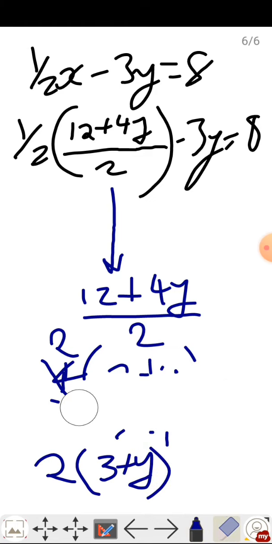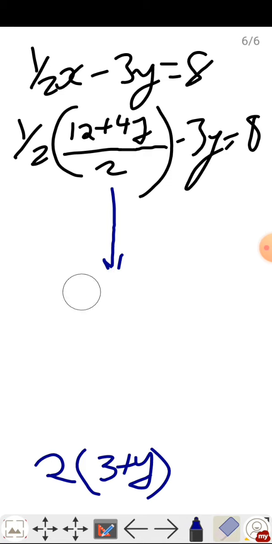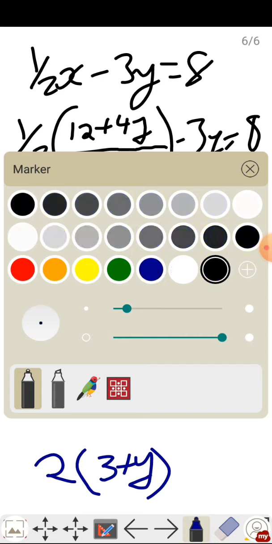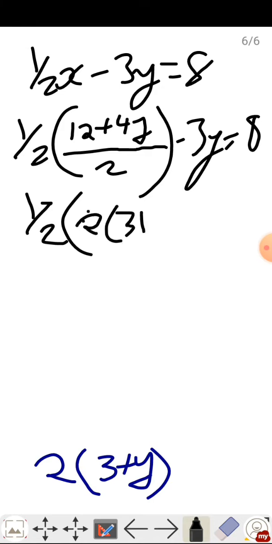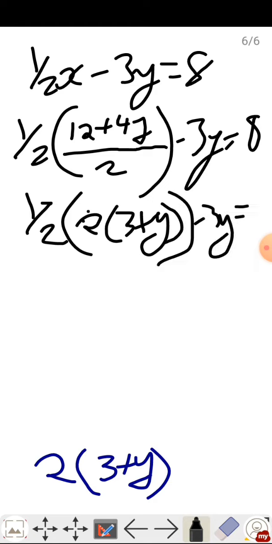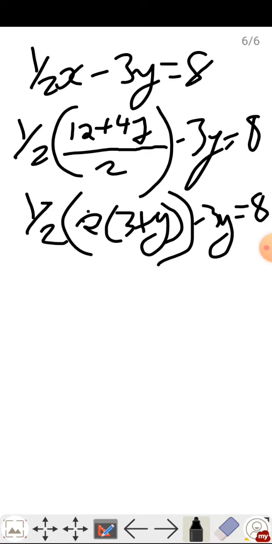So you use this value, the 2 open brackets 3 plus y. Okay, so after factorizing, then you continue solving. So half, now we'll use this value, 2 open brackets 3 plus y minus 3y equals 8. Okay, I hope you guys followed.